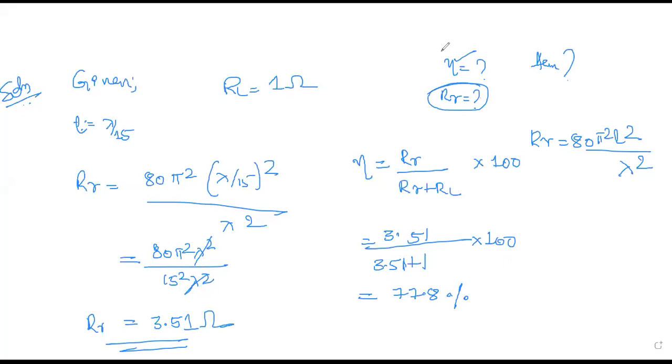I clear the screen. So next, to find out your maximum effective aperture. To find out this maximum effective aperture, we know that the formula for maximum effective aperture is V square by 4 S into Rr. I have derived this.